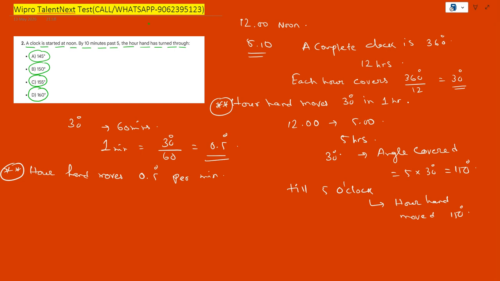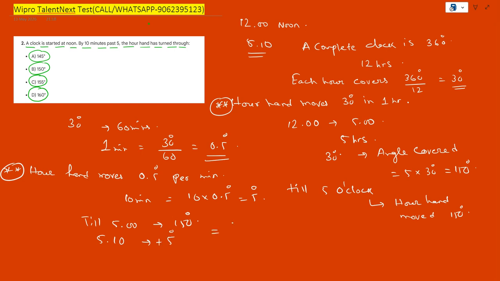Okay, this alone can solve half of the clock questions in aptitude. So in 10 minutes, this will be 10 into 0.5 degree, that is 5 degree. So after 5, the hour hand moves 5 degrees more. So till 5 o'clock, this is 150 degree, and extra till 5:10, this is 5 degrees more.